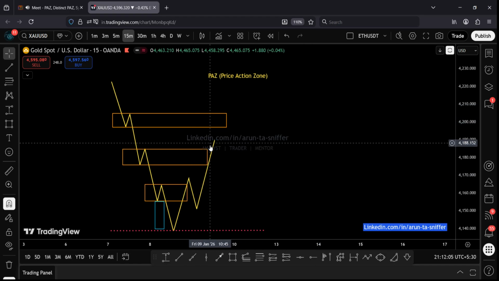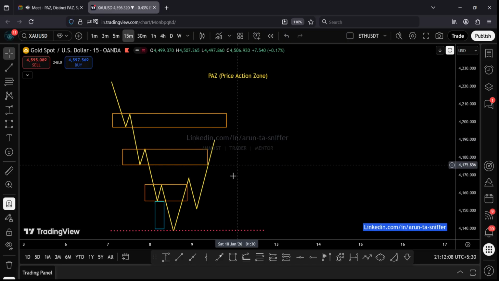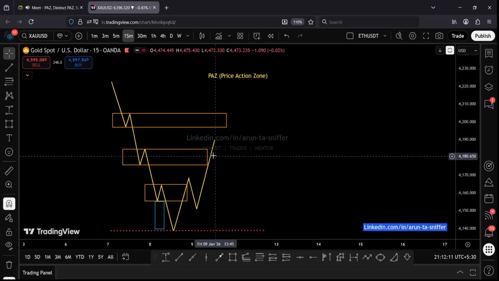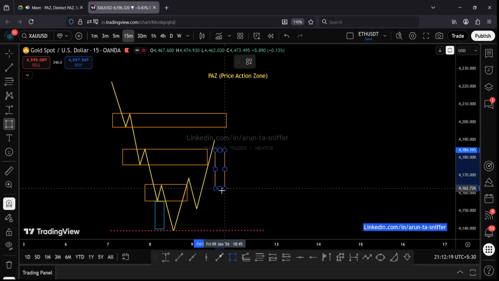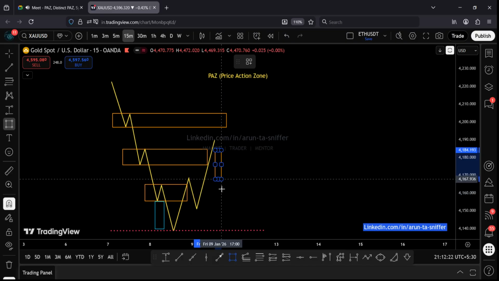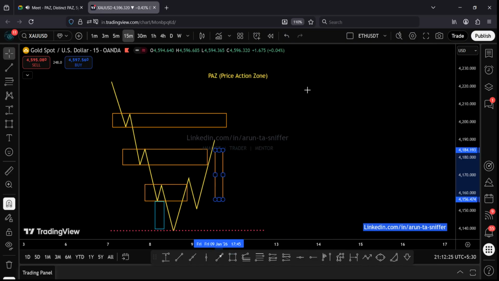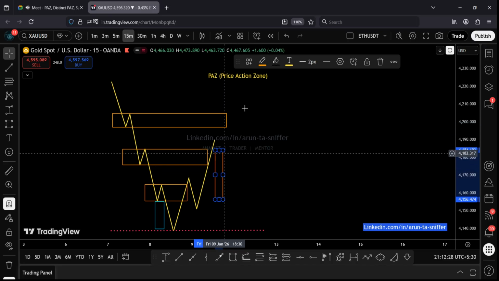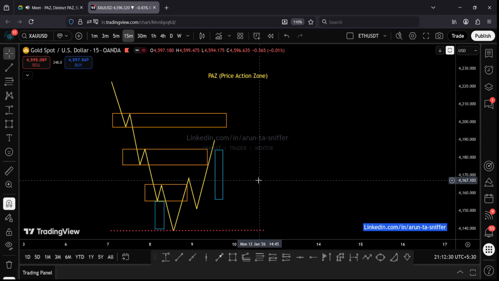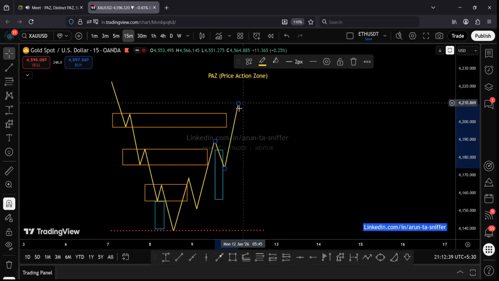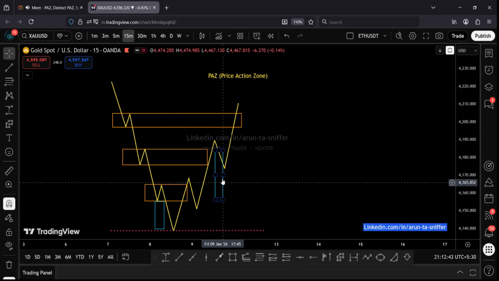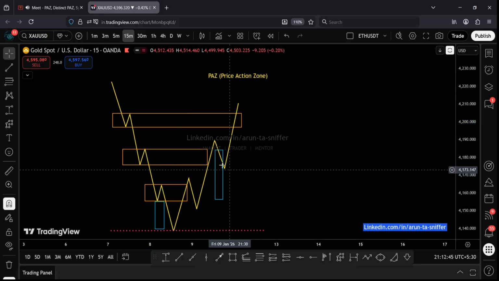When price crosses this zone, what will happen? We can also find the price action zone here, like this, like this, or like this. Let's change color, like this. Why? The price will pull back to this zone and then decide to go up. This is where the price action happened, to go up.